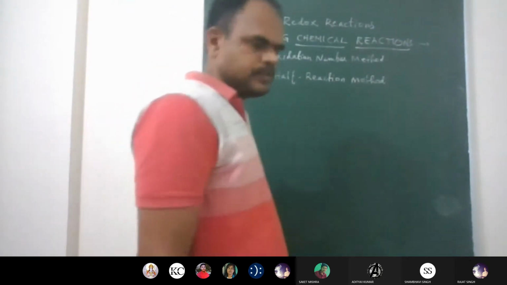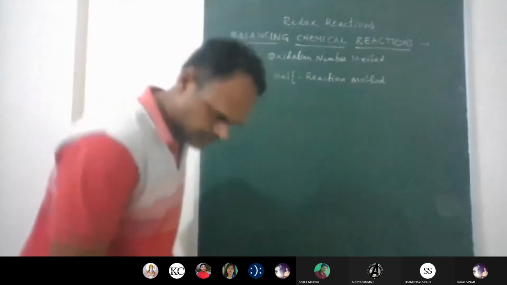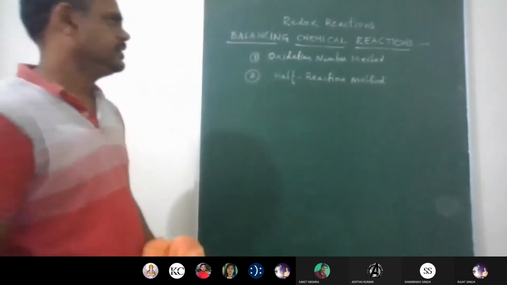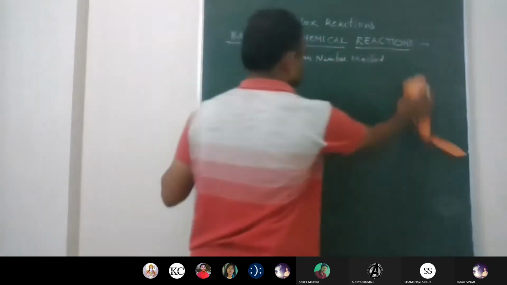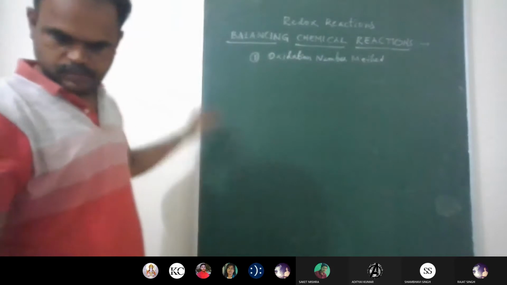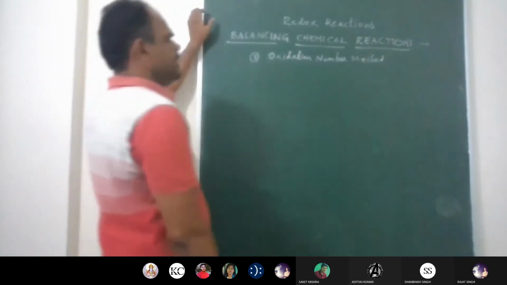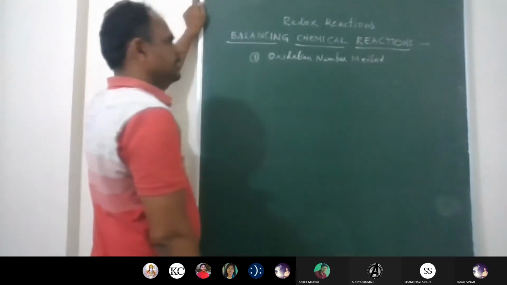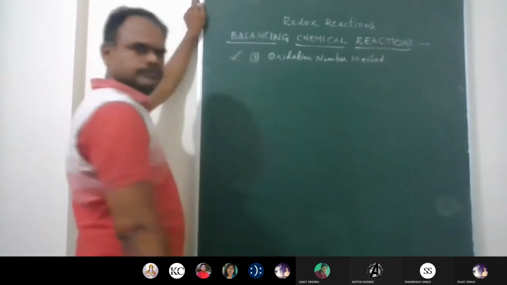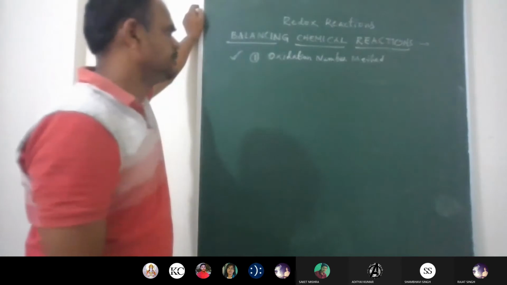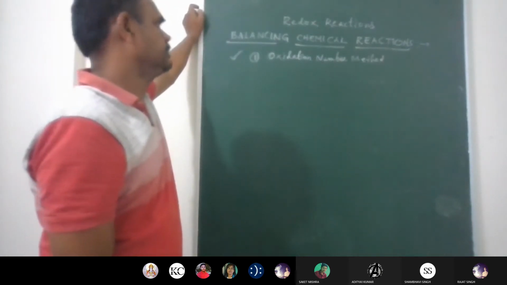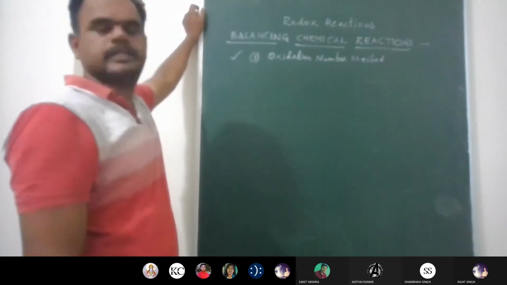So how do we balance a chemical equation? By using the oxidation number method, we will discuss now the balancing of chemical reactions or chemical equations. What is the oxidation number method, and how do we use this method for balancing a chemical equation?